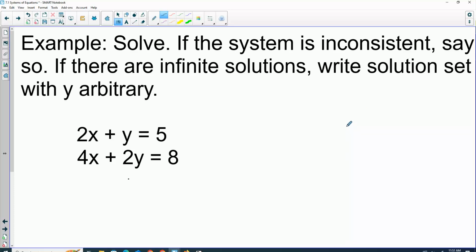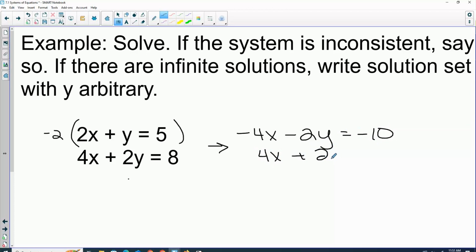Which variable do you want to cancel? X. If you want to cancel x, what do you have to multiply by? To cancel both of them out. Positive and negative 4x cancel, positive and negative 2y cancel.